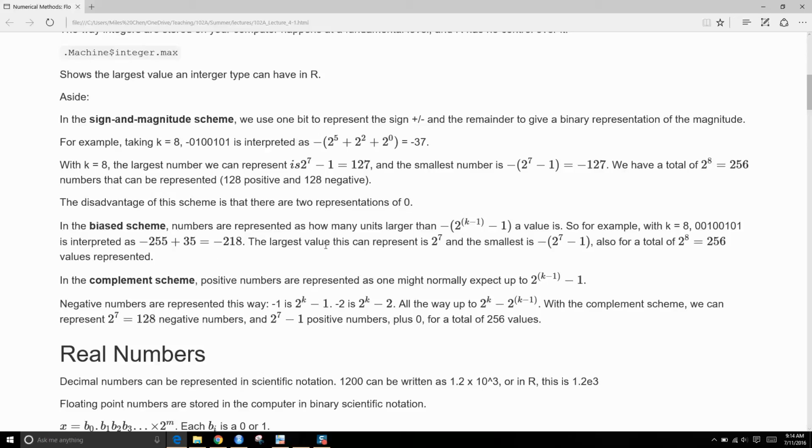And in this case you can have large numbers or small numbers and things of this nature. So in this case, this number would be represented that way.